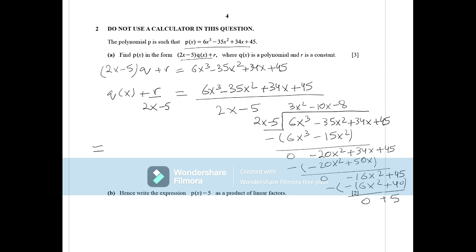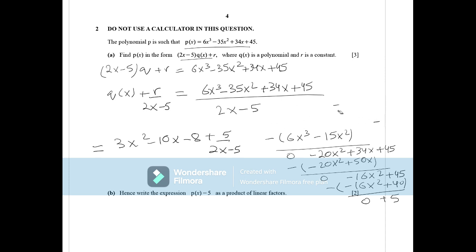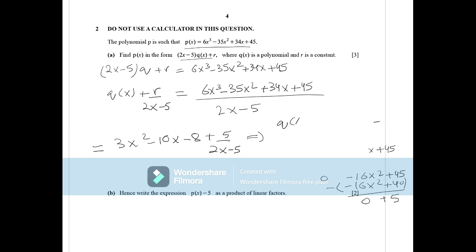What this tells you is you can write this whole division in this form. So this implies q of x is equal to 3x squared minus 10x minus 8, and r is equal to 5. This will be our answer.